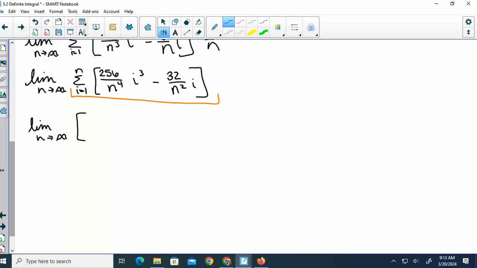The 256 over n to the 4th, it's not added, it is multiplied, so it's just a coefficient that stays. Times, what is my i cubed formula? n squared times n plus 1 squared over 4, minus 32 over n squared times, what's my i formula?